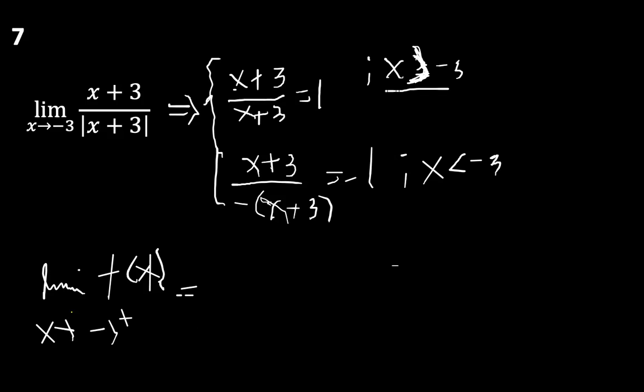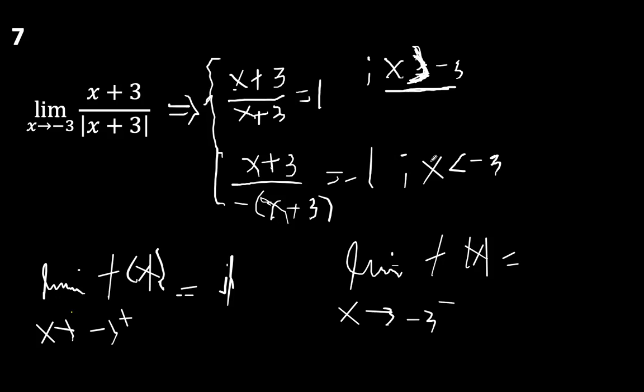So we are considering this, and the answer is 1. Correct? All right, how about the other? The limit of f of x as x approaches negative 3 from the left. From the left, all of the values of x are less than negative 3, so here we go, and it is always equal to negative 1. Since the values are not the same, the answer here is does not exist.